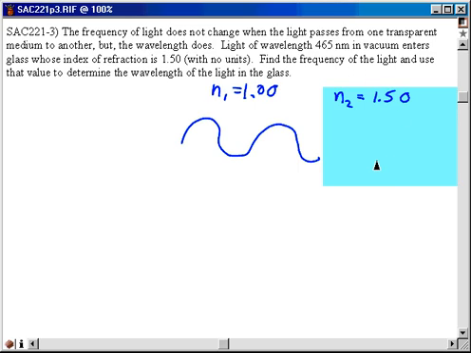And they want the frequency of the light and use that value to determine the wavelength of the light in the glass.